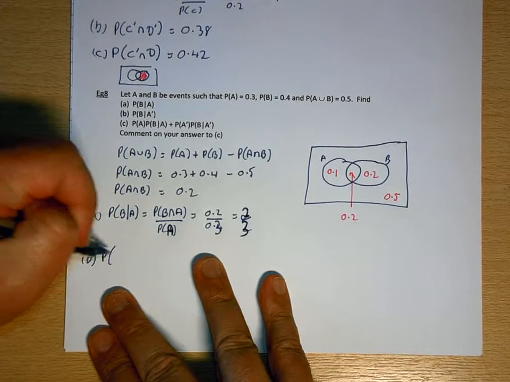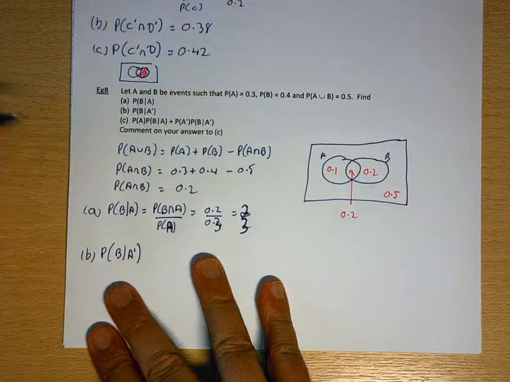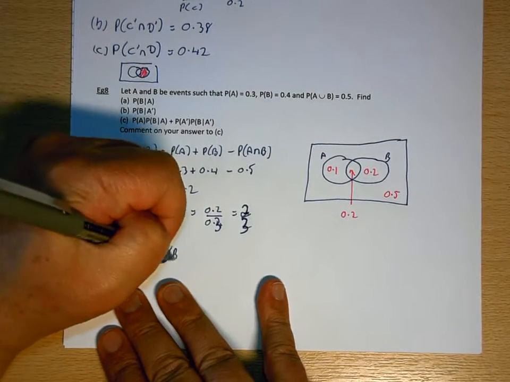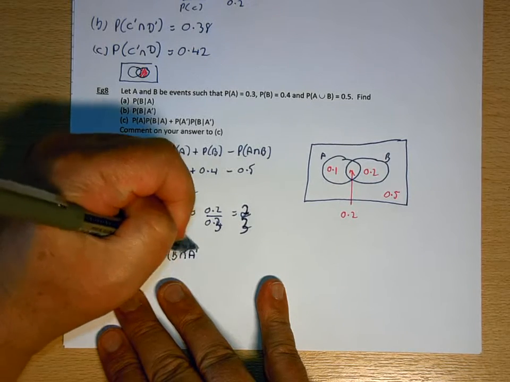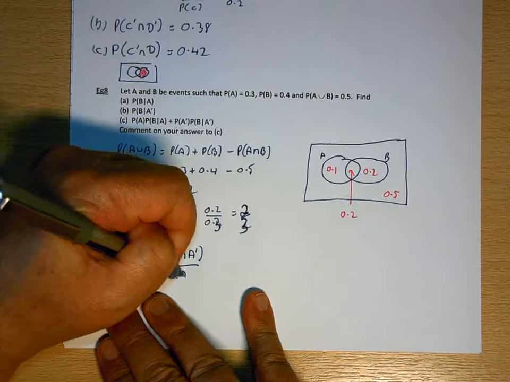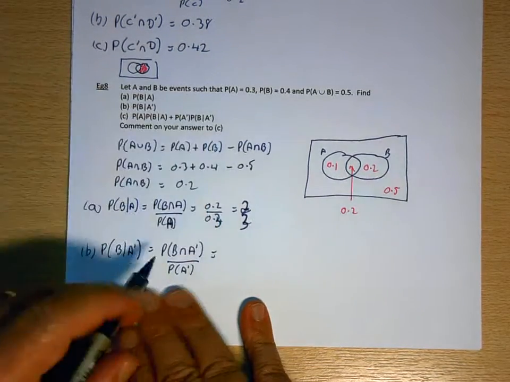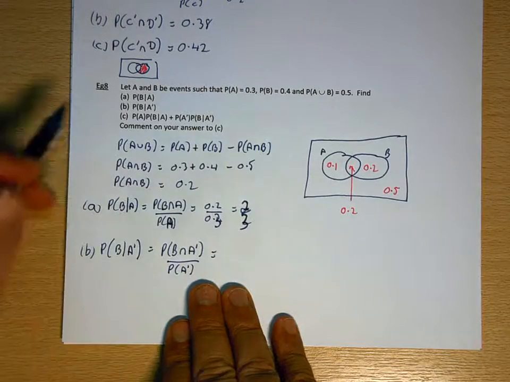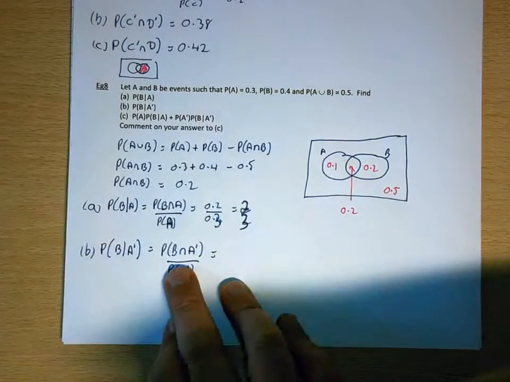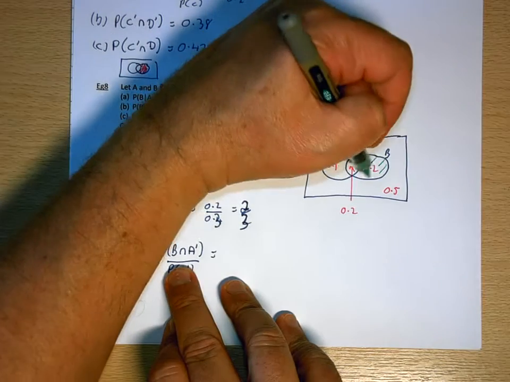For part B, probability of B occurring given A didn't occur. So that's the probability of B and not A over the probability of not A. The probability of B given not A, so it's in B and it's not in A, is the crescent moon part of it.